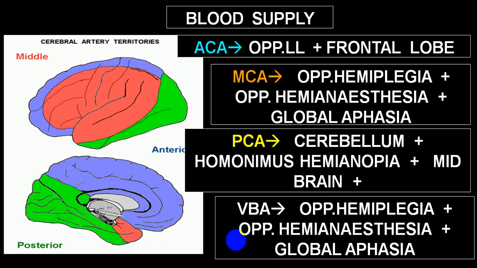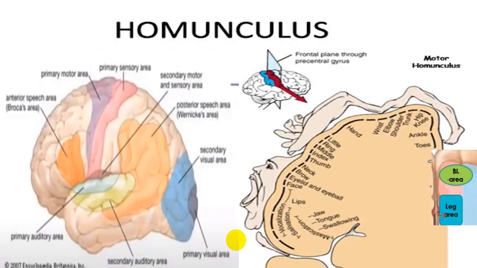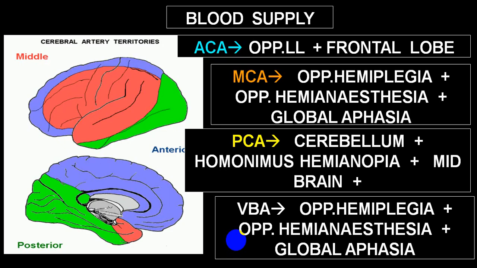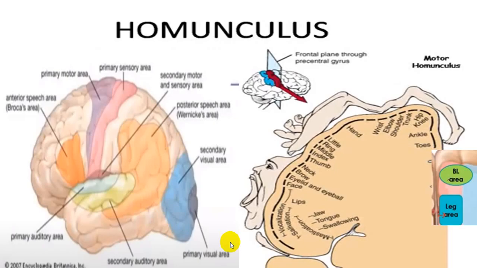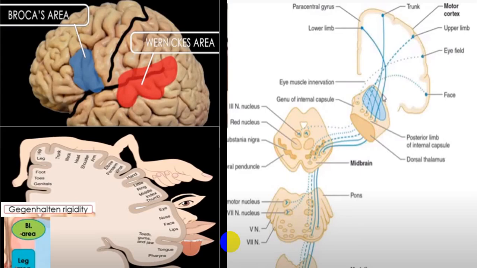If you get internal carotid artery involvement, it will be a combination of ACA and MCA. So opposite side hemiplegia, opposite side hemianesthesia, and global aphasia. It will be more of this, not VB territory. So that will be that particular part.